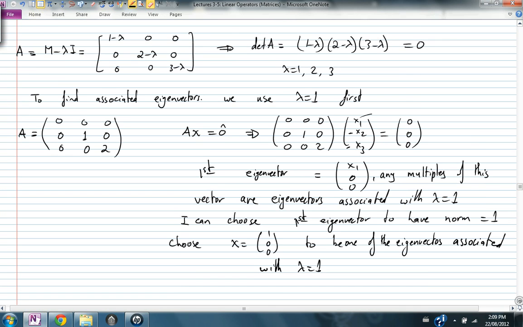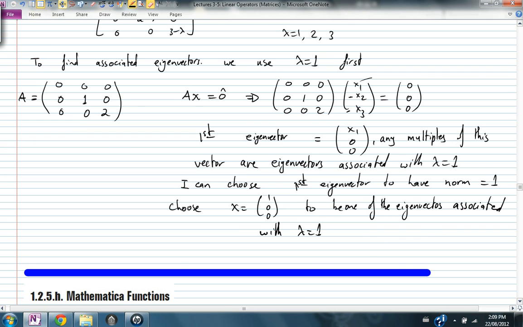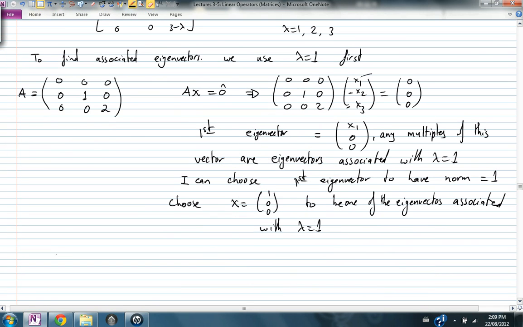And check in your book, continue for lambda equal 2 and lambda equal 3.